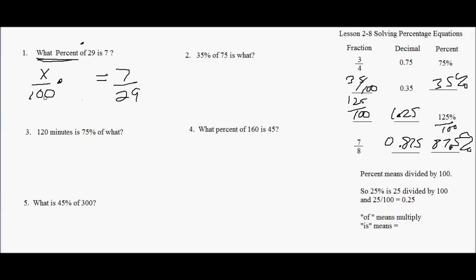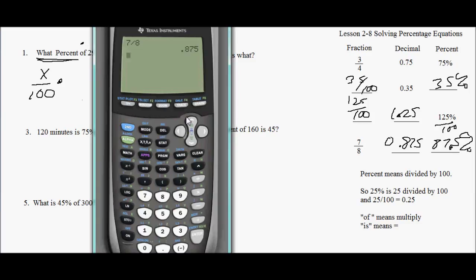Now I got a straight proportion. So I got 7 times 100 divided by 29. So I take out my calculator and I go 7 times 100 divided by 29. I think it was 29. And I get 24 point, and we'll round to the first tenth.